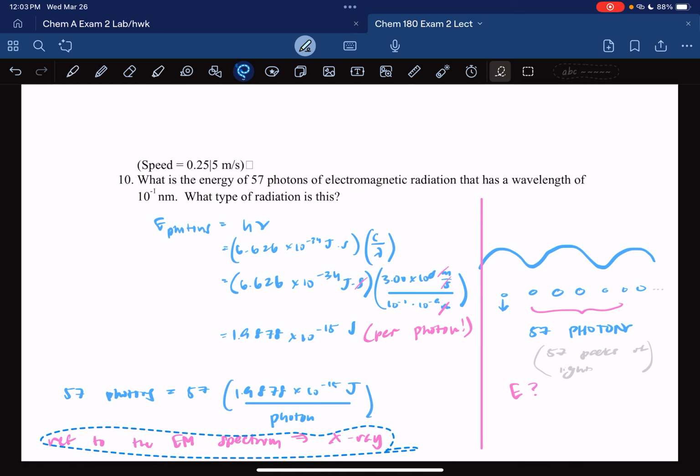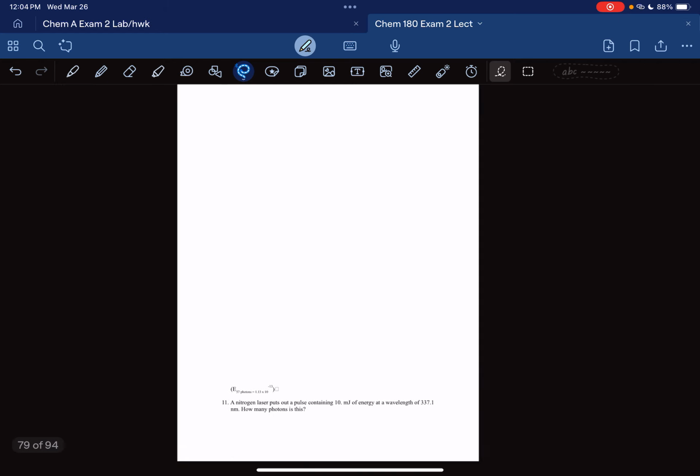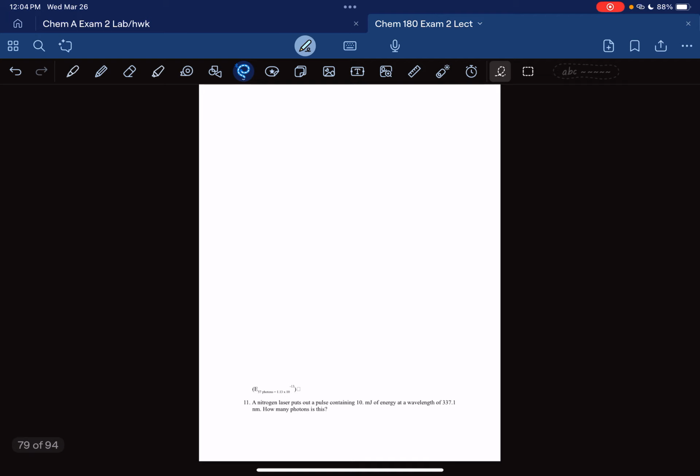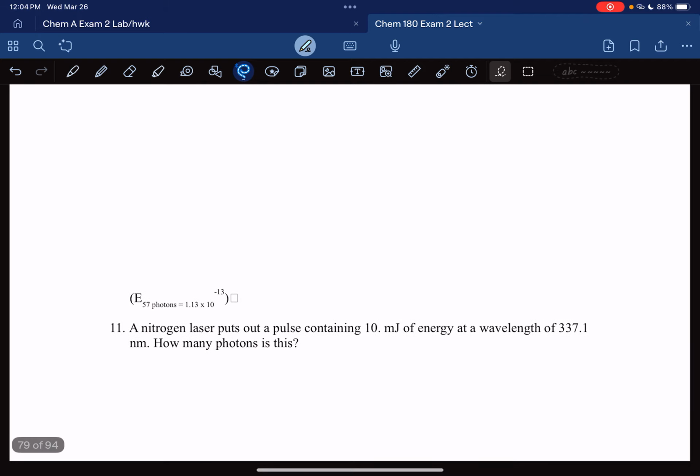So you have a nitrogen laser which puts out a pulse containing 10 millijoules of energy at this wavelength, lambda equal to that number. How many photons is this? We know each photon's energy, and we also know the total energy.